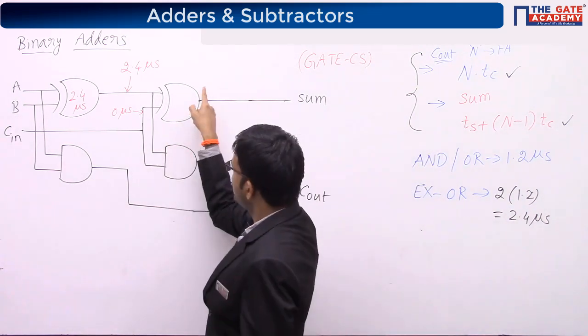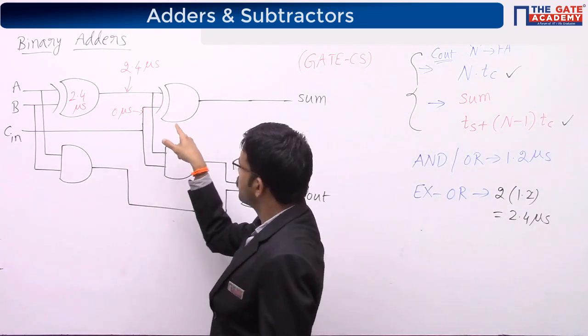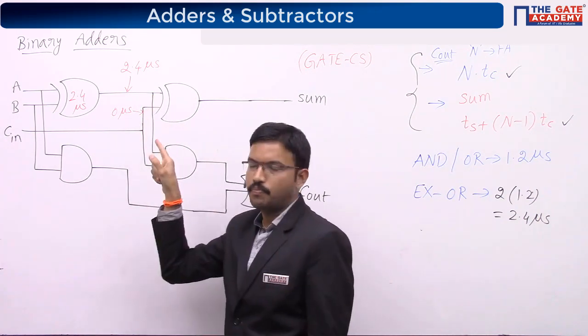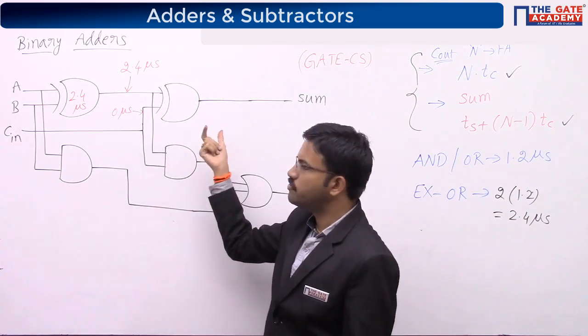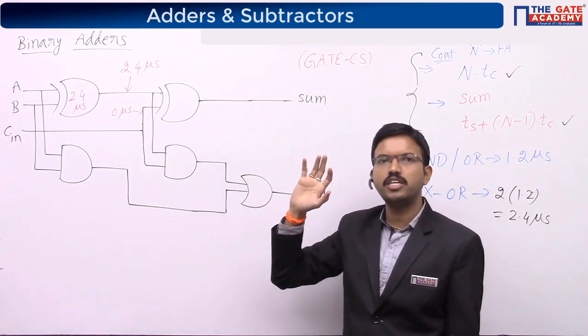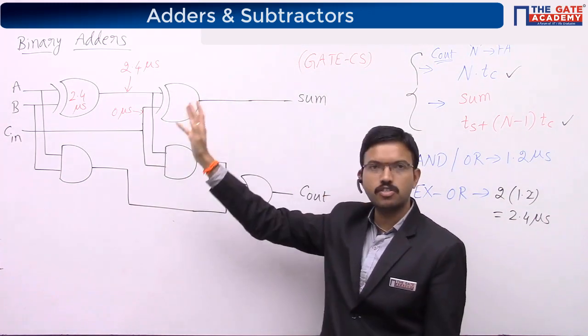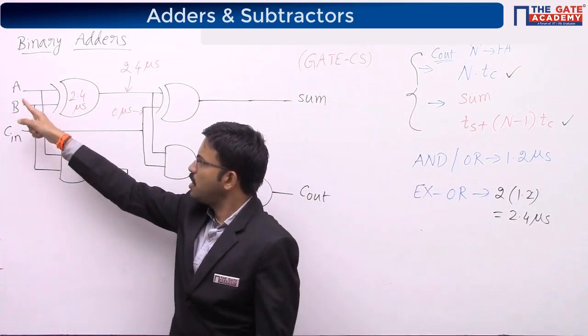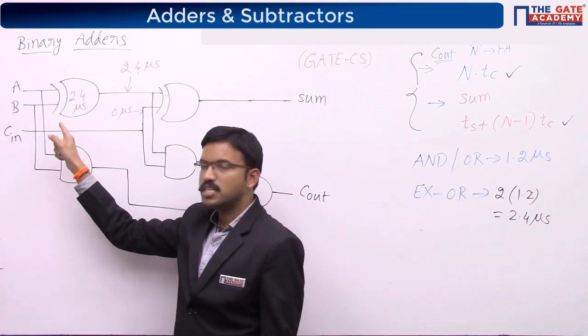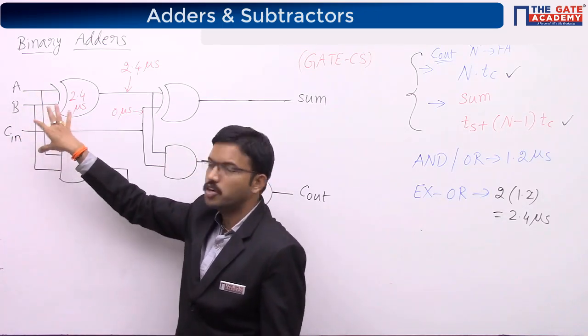So for this particular exclusive OR gate, we are having two inputs, among which this input I am getting directly. Now you can observe from this particular question, whatever doubts you are having till now, all those doubts will be clarified through this question. See here, A, B are direct inputs, similarly C is also a direct input. So here we don't have any delay.